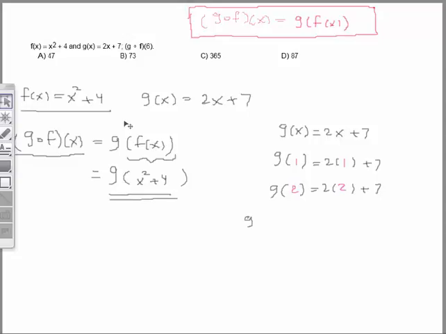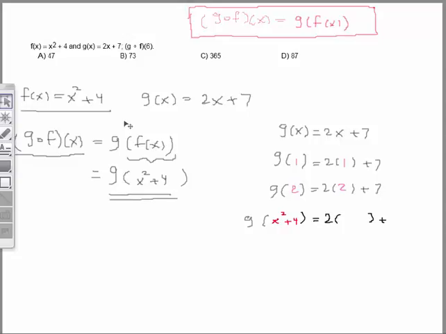I can figure out what g of x squared plus 4 is then, right? Because in this case, let me make this a color too. So g of x squared plus 4 would be basically substituting in the g function.